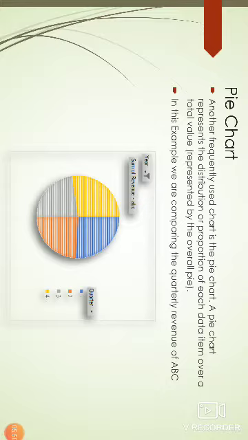In this example, we are comparing the quarterly revenue of ABC. So, look at the diagram. So, here 1, 2, 3 are the quarters, and here the sum of revenue ABC. So, the pie chart is divided into 4 categories 1, 2, 3, 4. So, observe the pie charts.